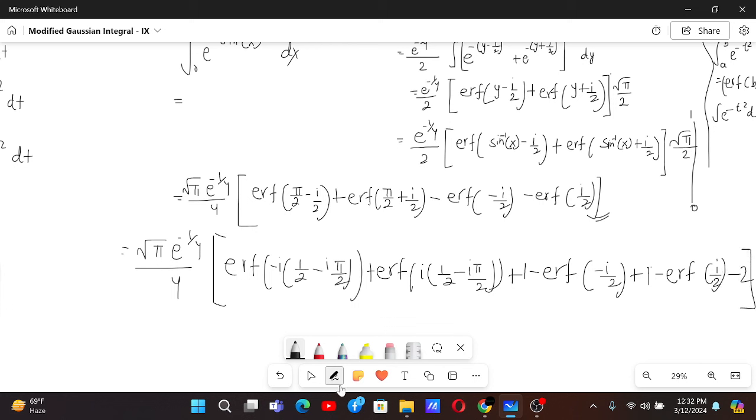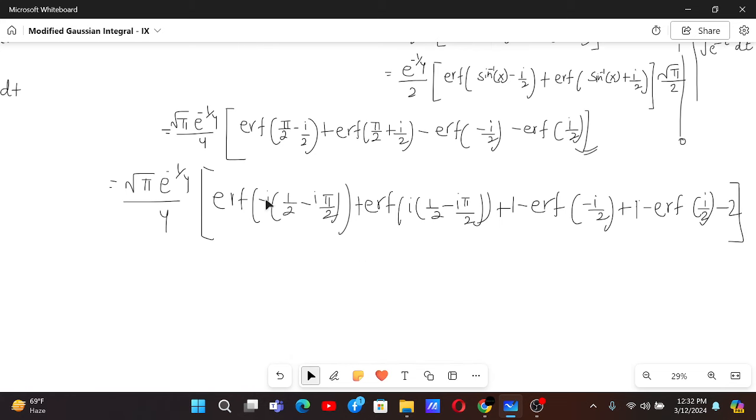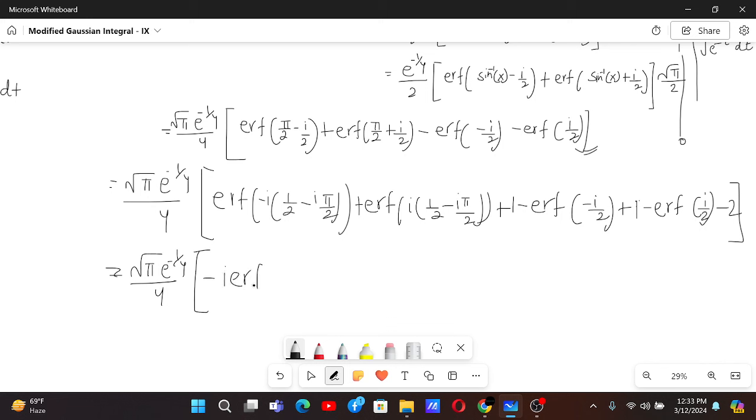Okay, so now after this, since R is an odd function, R of minus something is minus R of something. Root pi e to the power minus 1 by 4, over 4, and then we can use this I function to send it to R phi. So minus I R phi of 1 by 2 minus I pi by 2, and this will be plus I R phi of 1 by 2.